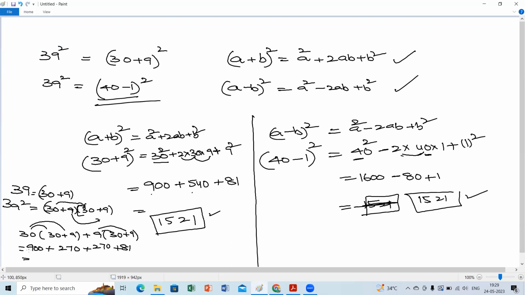If you add all together, 900 plus 270 plus 270 is 900 plus 540. What is 900 plus 540? It's 1440. 1440 plus 81.